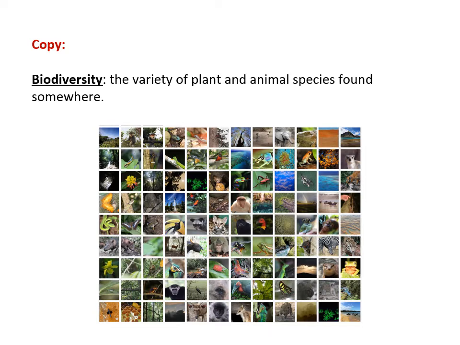It's all about all the different plants and animals that are found there, and the difference between them. There could be lots and lots of one animal, but that would be a very low biodiversity. Biodiversity is about lots of different species, and that is considered better. The ecosystem, the environment, is going to be a lot healthier as a result. So copy that sentence down and we'll move on.